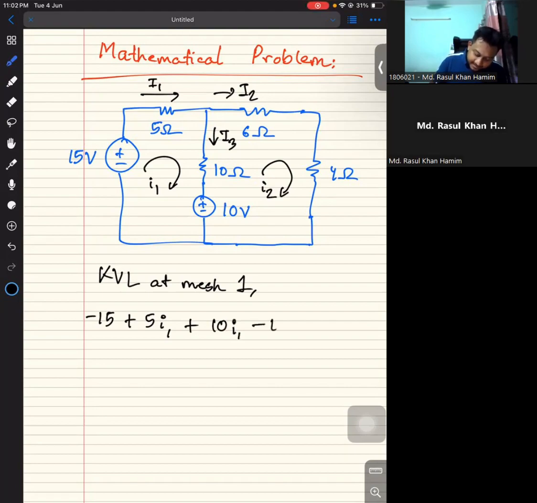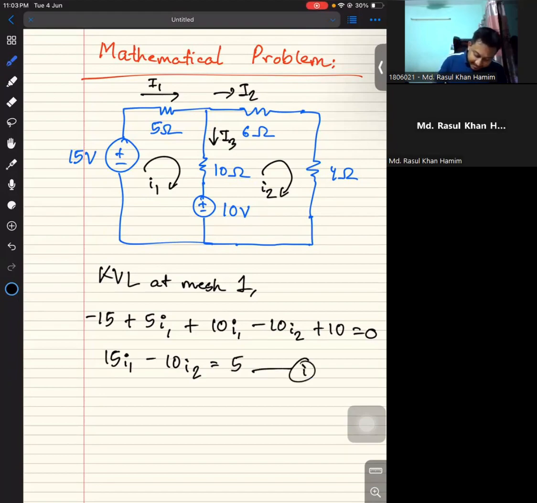Now we have to write minus 10 I2 because the mesh current I2 is opposite to the direction of mesh current I1 going through the 10 ohm resistor. Then plus 10 equals 0. If we calculate it, we get 15 I1 minus 10 I2 equals 5. We keep that as equation 1.